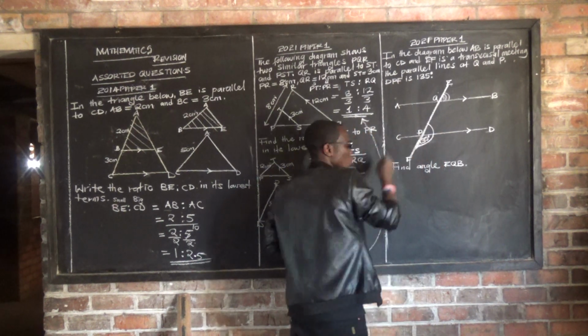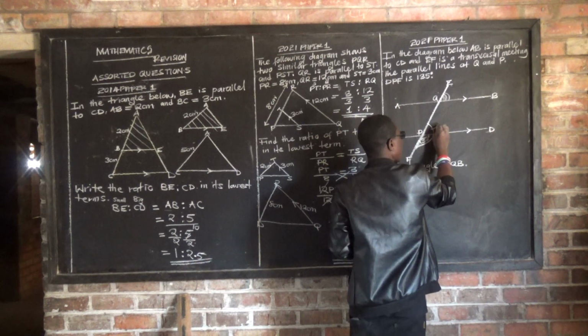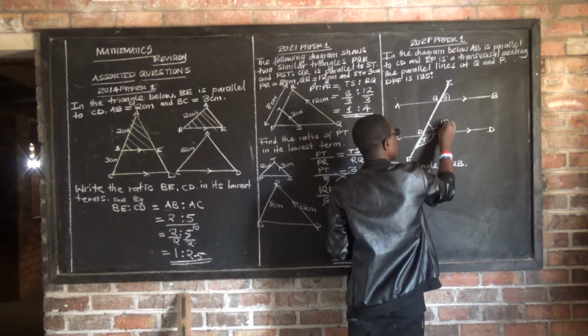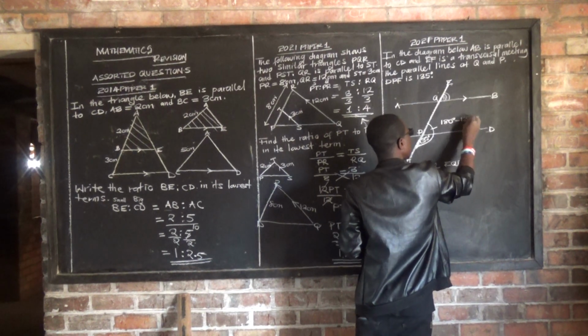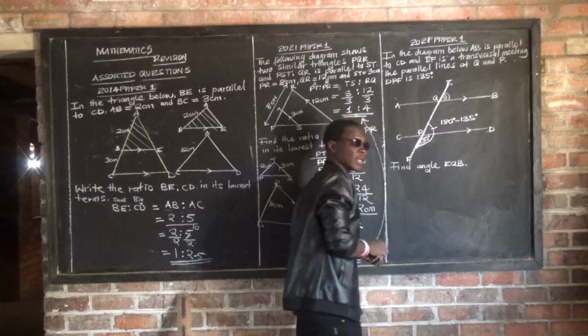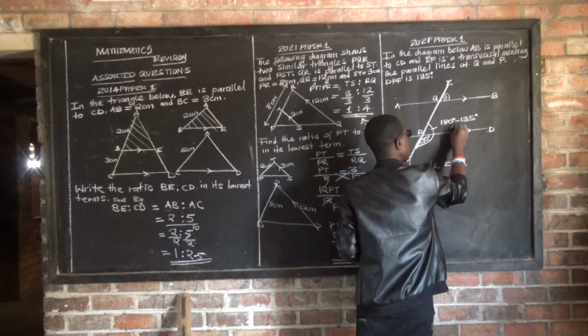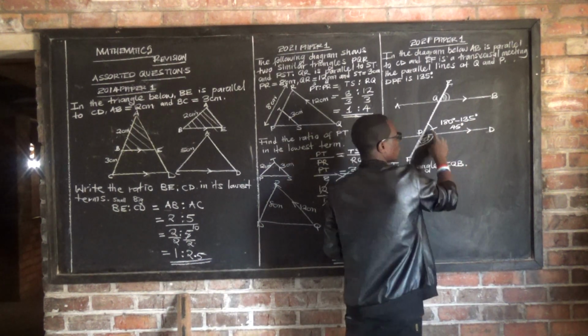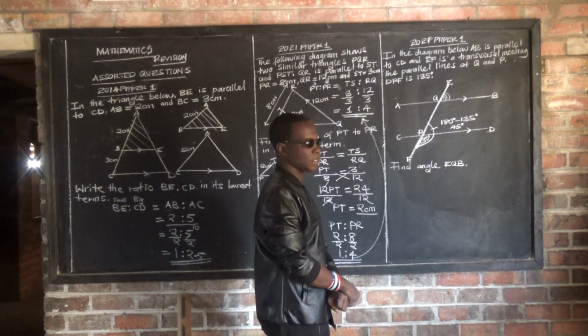So this angle is 180 degrees minus 135, which gets 45. So this angle is 45. Are we together? Yes.